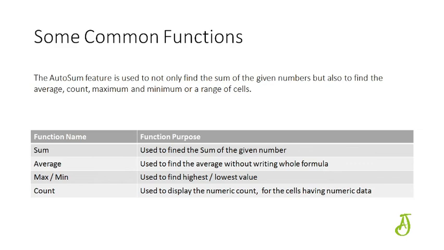Sum is used to calculate the numbers, average to find the average or percentage, max and min to find the highest or the lowest value. Count displays the count of cells only when the cell has numeric data. If the cell has alphabets or space, it won't count those cells.